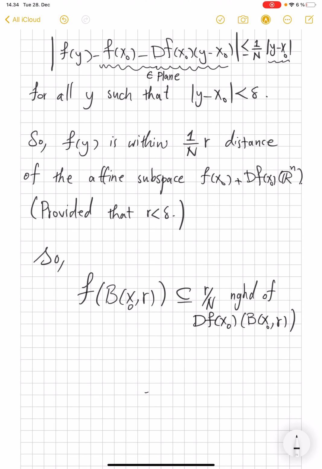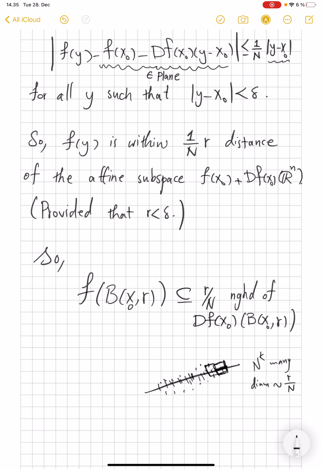Now, we had that this image could be broken into n to the k many subsets of diameter comparable to r over n times Lipschitz. Now let's forget about Lipschitz. And now you're saying that if you move r over n in that direction, you also contain f of the ball B(x0, r). So you had these k-dimensional cubes here, add the other directions this way.